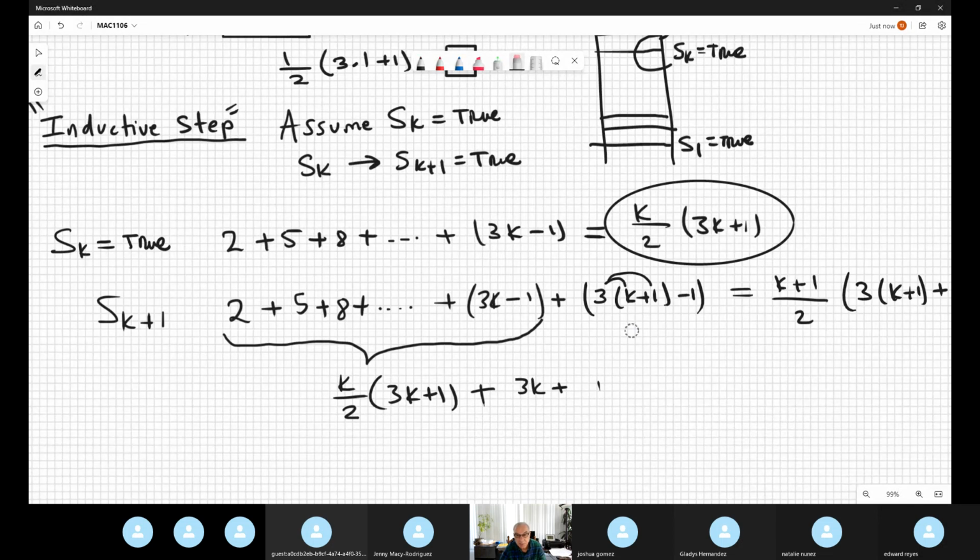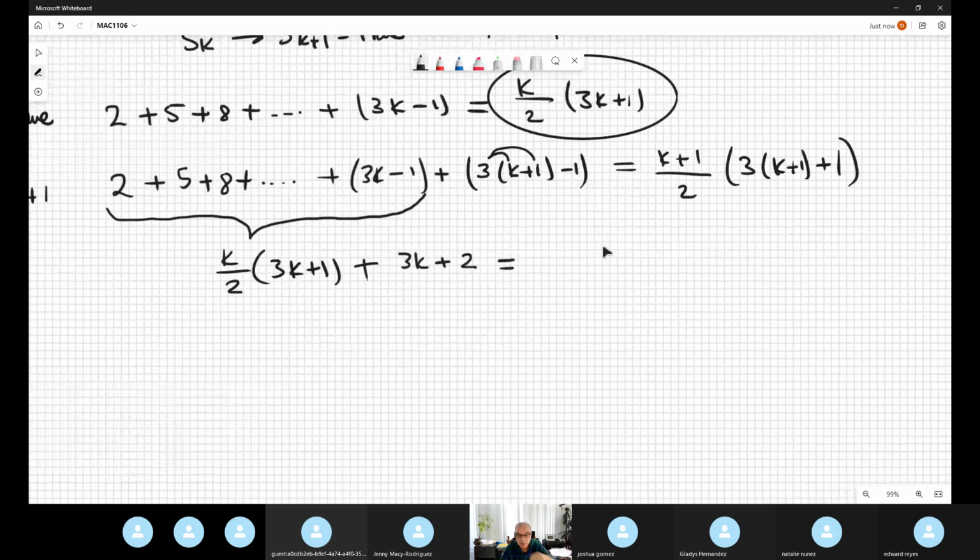Let me erase and I put plus 2 directly. Okay, this is equal k plus 1 over 2. And here we have 3k plus 3 plus 1. So 3 plus 1 is 4. Plus 4. Everyone follow me, guys?